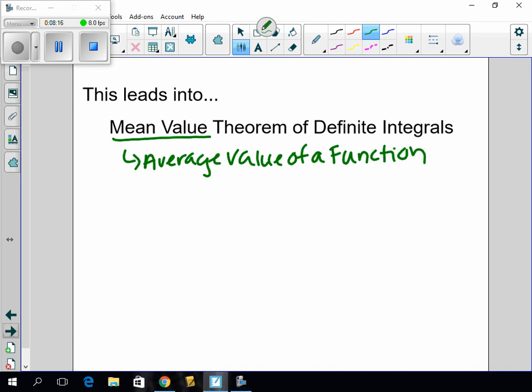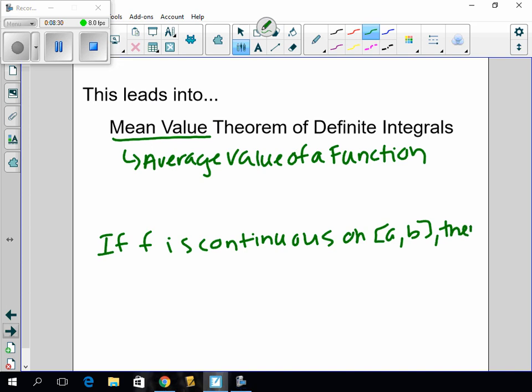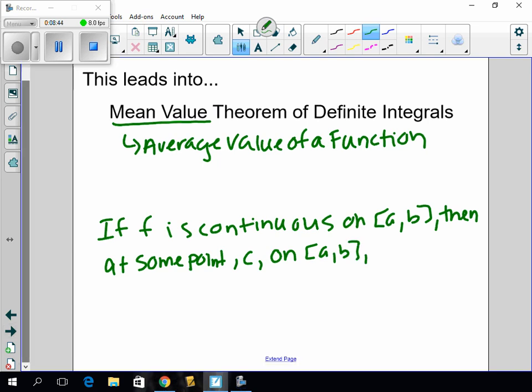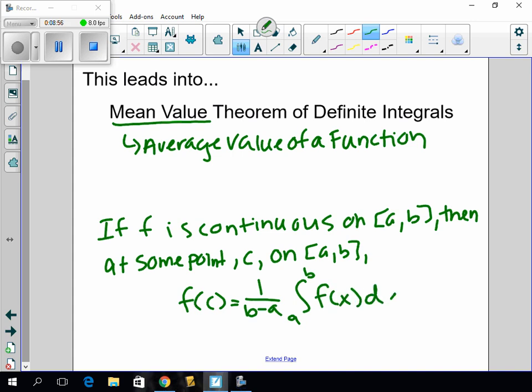So the mean value theorem states if f is continuous on a closed interval [a, b], then at some point c on the interval [a, b], we can say that f of c is equal to 1 over b minus a times the integral from a to b of f of x dx.